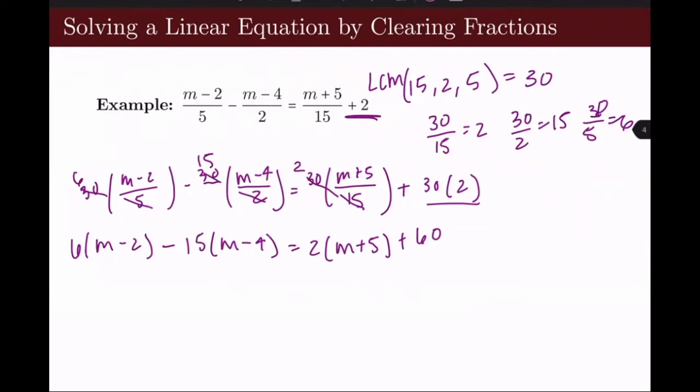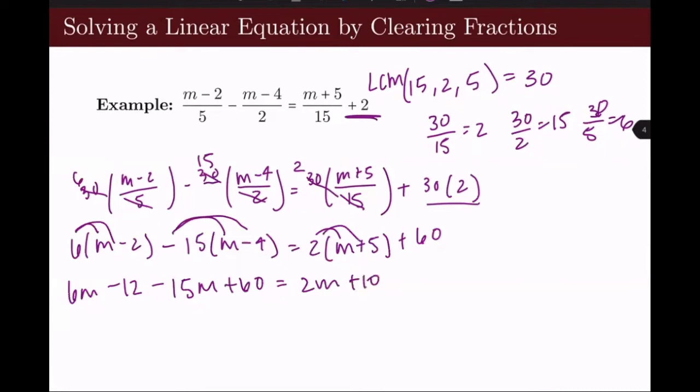So the first thing I'm going to do is distribute the 6. So 6m minus 12. And then this is a negative 15 times m is negative 15m. Negative 15 times negative 4 is positive 60 equals 2 times m is 2m, 2 times 5 is 10, plus 60. Next, we'll combine the like terms.